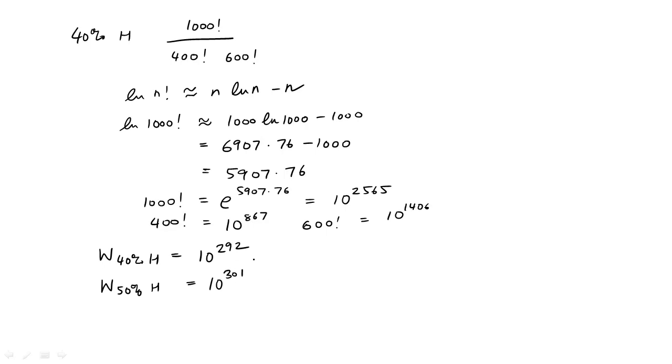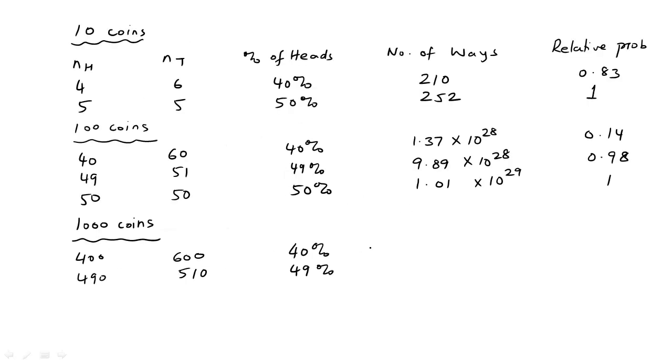And from this, we can calculate the relative probability of getting 40% heads, which we will enter into the table on the previous page. The number of ways of getting 40% heads, or 400 heads when we toss 1000 coins, is 10 to the power of 292, which is a huge number, but the relative probability of this relative to the most probable distribution is really tiny.